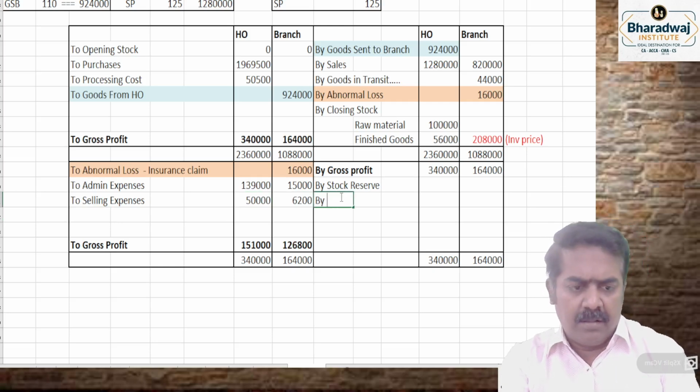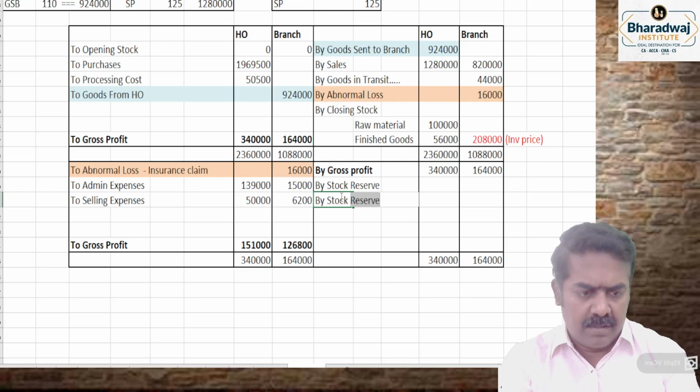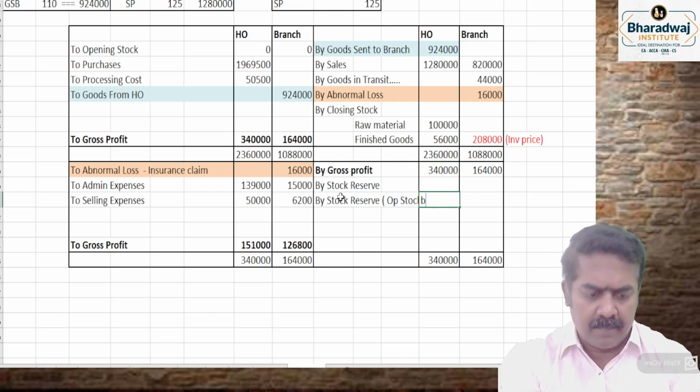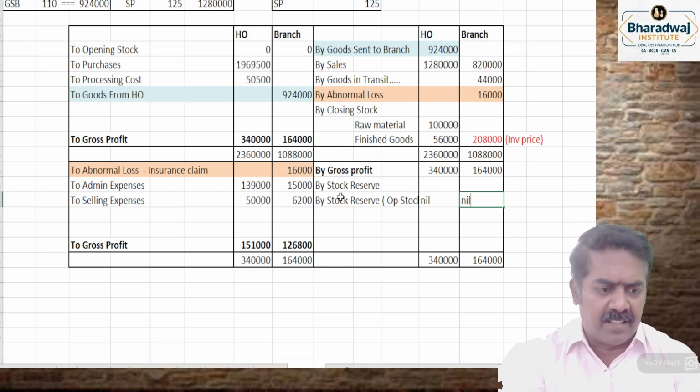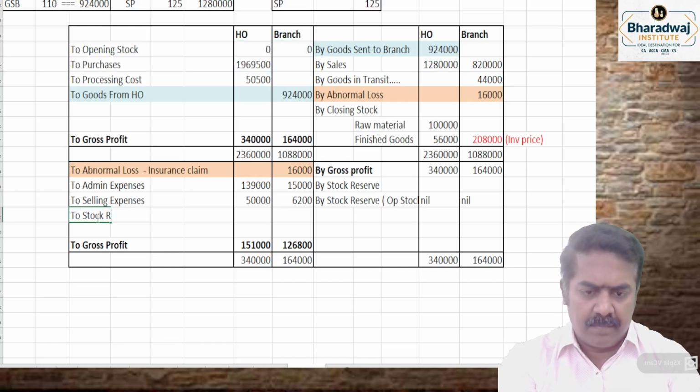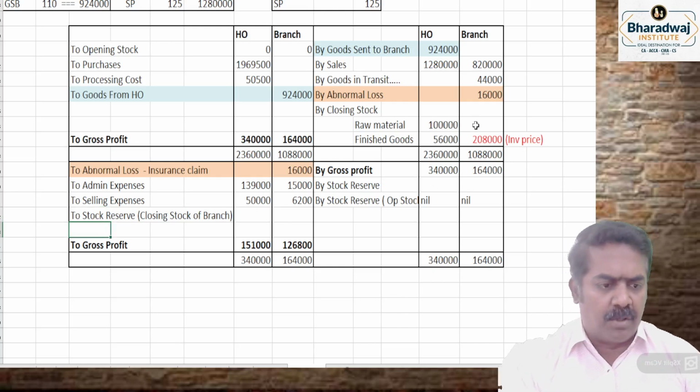Then, by stock reserve on the opening stock. Not there. Why? Opening stock is not there at all in this question. To stock reserve on the closing stock of branch. Wait. What is the closing stock of branch? 2,08,000.